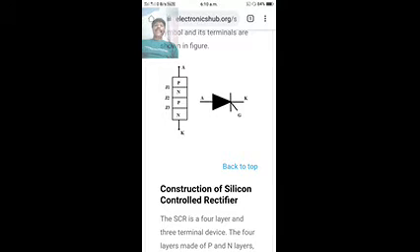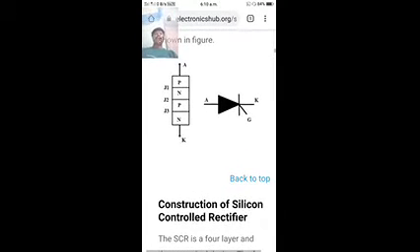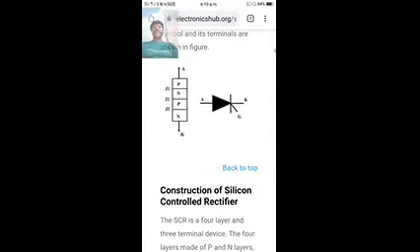The outer P layer acts as the anode, the outer N layer acts as the cathode, and the inner P layer acts as a controlling terminal known as the gate. So it is a 4-layer, 3-terminal device, and it has 3 junctions, J1, J2 and J3. So this is the construction of a silicon controlled rectifier.